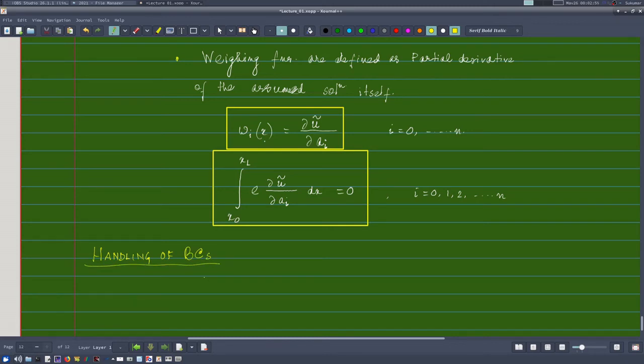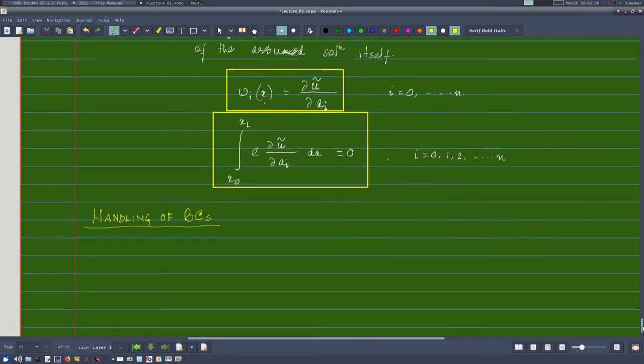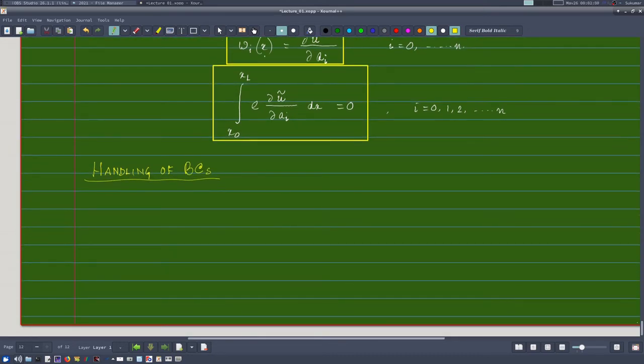In applying the boundary conditions, we use the method of integration by parts. Because my integral equation has integration of product of two functions, therefore we need to apply integration by parts, and for that we use this identity, which is well known. You must have been familiar with this in your calculus classes.